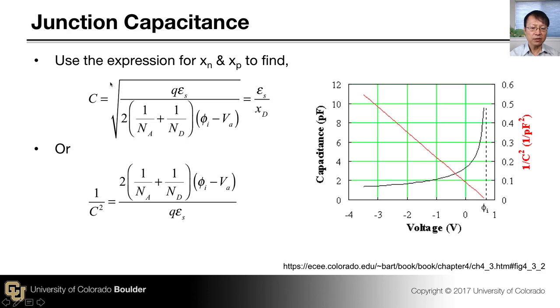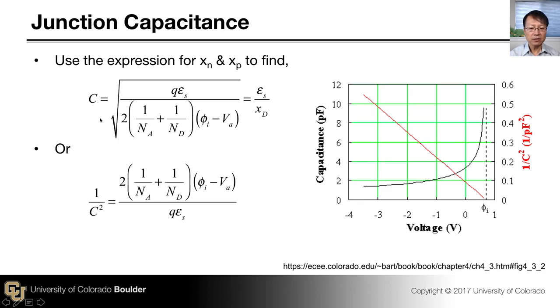Then from the definition of your capacitance C in the previous slide, you derive this equation here, and it simplifies into this very simple expression of epsilon sub s, the permittivity of the semiconductor, divided by X sub d, the total depletion region width. So this capacitance looks very similar to the parallel plate capacitor, separated by distance X sub d and filled with a dielectric material with a dielectric constant epsilon sub s.